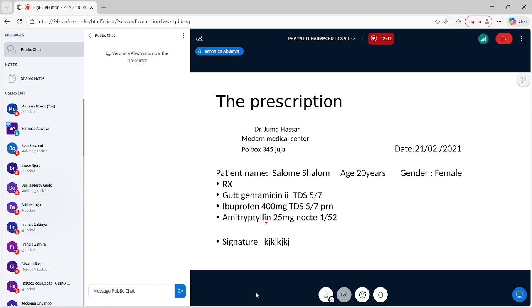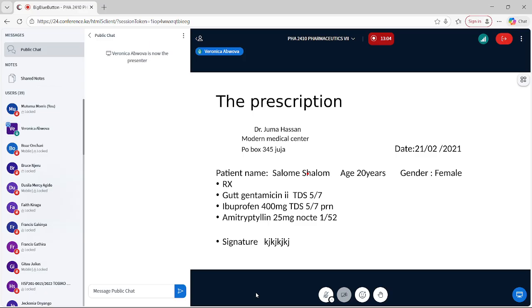You have the gentamicin eye drops, you have the ibuprofen tablets, you have the amitriptyline tablets, okay? What you're going to do, you're going to pick out 3 separate labels, okay? And each of those labels will have the name of the patient, okay? It will have the name of the pharmacy.